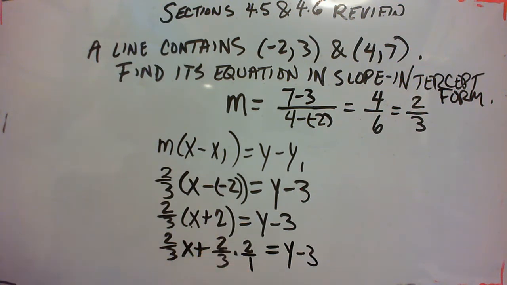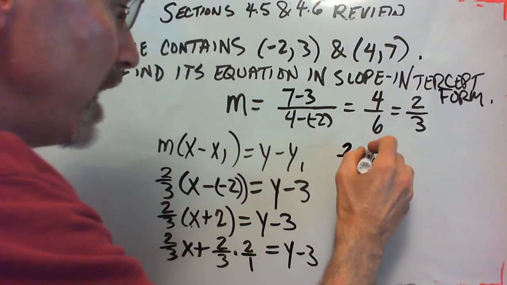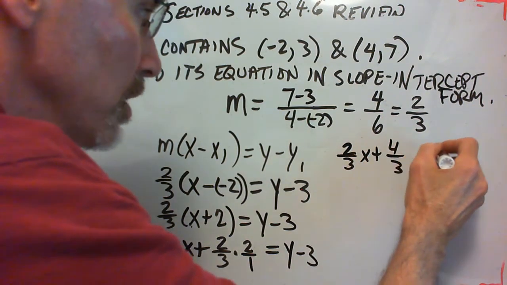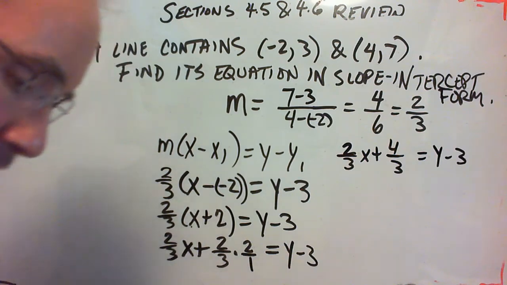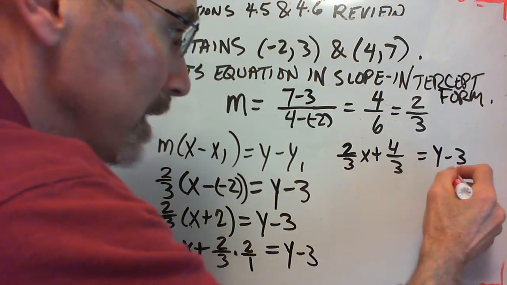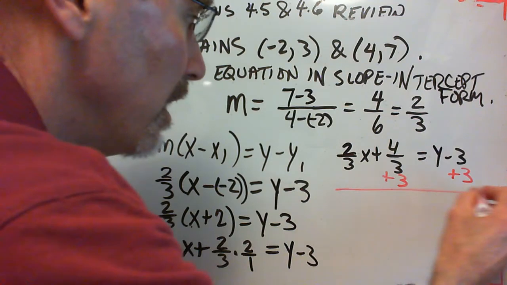And the 2/3 times 2 turns into 4/3. So we get 2/3 x plus 4/3 equals y minus 3. Then to solve for y, we add 3 to both sides.